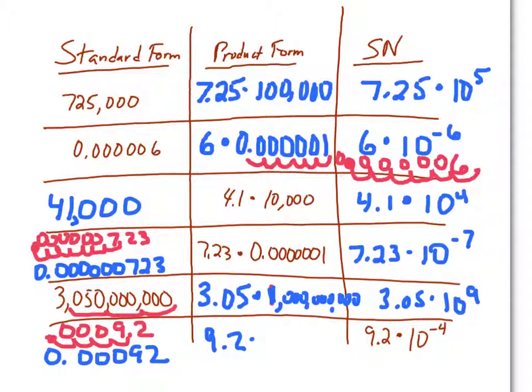And so in terms of product form, I'm going to have 9.2, and the way I'd do this one is I'd put a 9.2 up here, and I want to move that decimal place once, twice, 3 times, 4 times to get that 0. So down here I've got a 1,000.0.